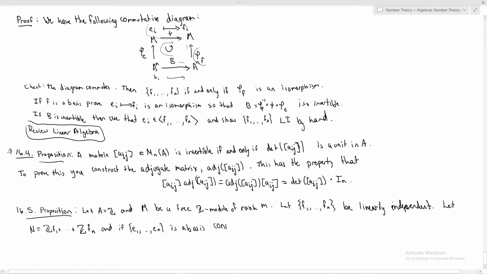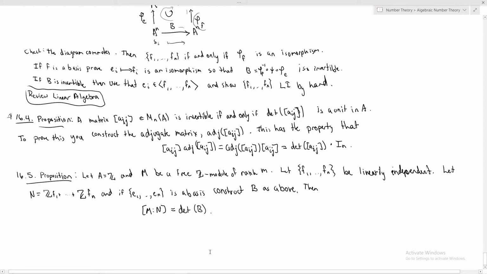Construct the matrix B above. So this is the change of variables matrix from E to F. Okay, and the claim is that the index of this module, the index of N in M, is exactly the absolute value of the determinant of the change of variable matrix.